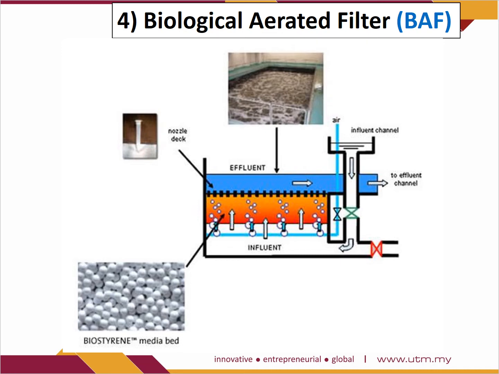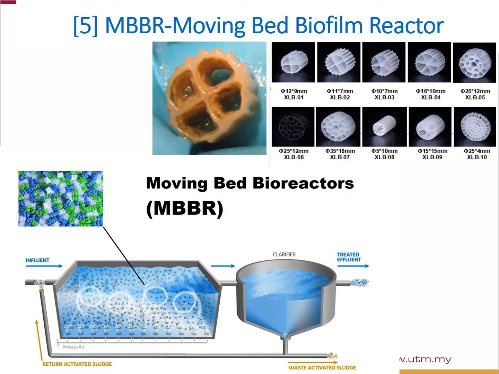Because the naturally occurring microbes such as nitrifying bacteria will eat the pollutant such as nitrogen or phosphorus-based pollutant as their food, so they will thrive and produce a lot of biomass, and the biomass will attach or absorb on the media bed, and this becomes a filter so that the water coming out from this filter will be clarified and for discharge. So this is how it looks like, the BAF.